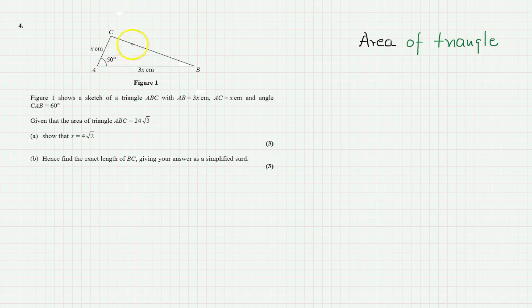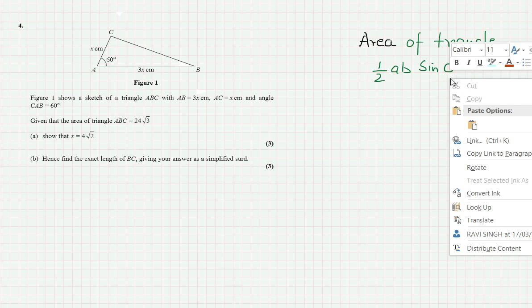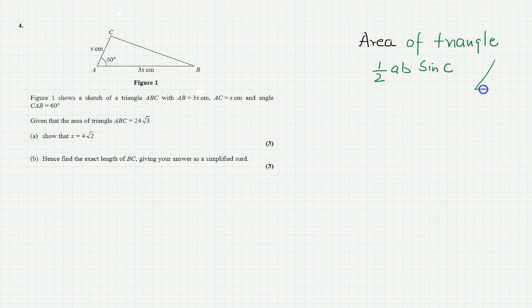An angle is given and sides are given, so we know that area of triangle is half AB sine C or half BC sine A. AB are the lines in between which this angle is formed. So in fact it is saying half this multiply this times sine of this angle.